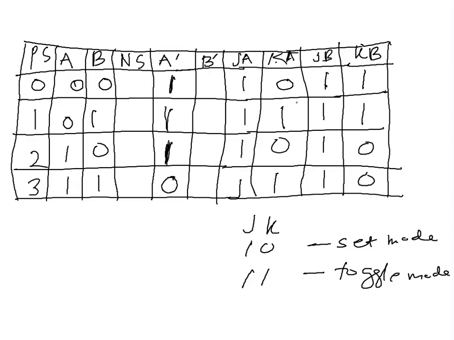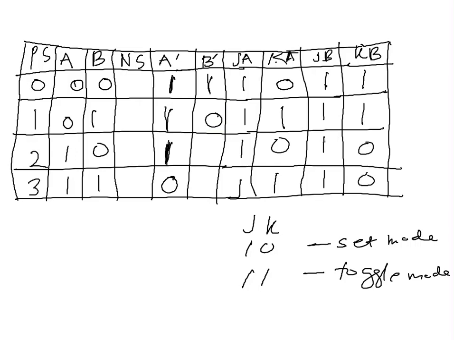Next we will determine the column of B prime. To determine the B prime column, we have to consider JB and KB. If JB 1, KB 1, it is toggle mode. If the previous value of B is 0, B prime will be 1. Second row, toggle mode, previous value of B is 1, B prime will be 0.